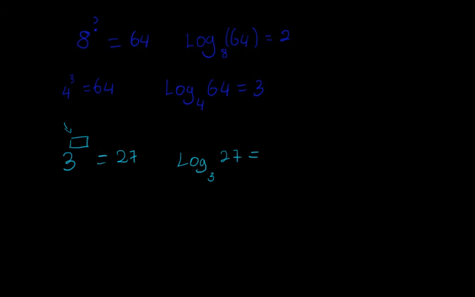So I know in my mind that 3 to the power 3 is 27. If you don't believe me, that's simply 3 times 3 times 3: 3 times 3 is 9, and 9 times 3 is 27. So log to the base 3 of 27 is 3.